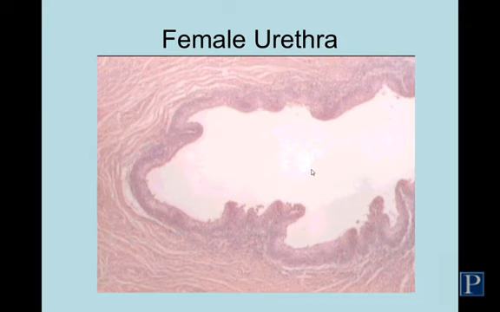In other words, most of the female urethra is composed of stratified squamous non-keratinized epithelium, which you actually can see pretty clearly at this magnification. Only the more proximal portions are composed of PCE. So that's it for the urinary system, and that's what you need to know.